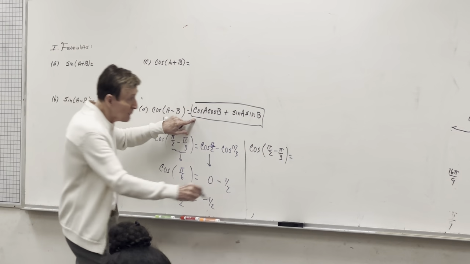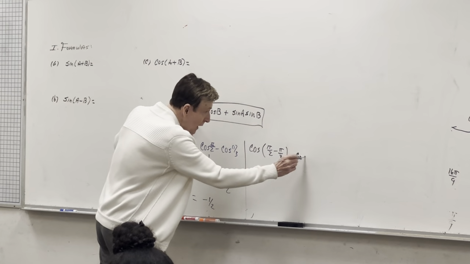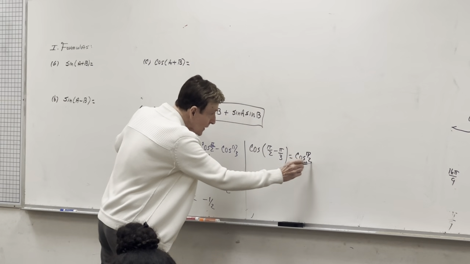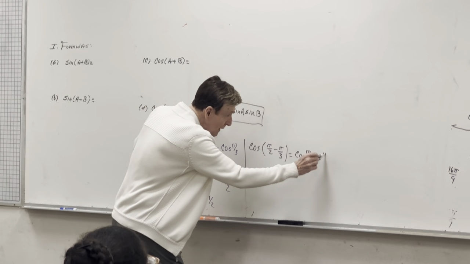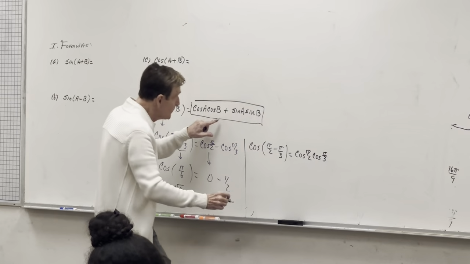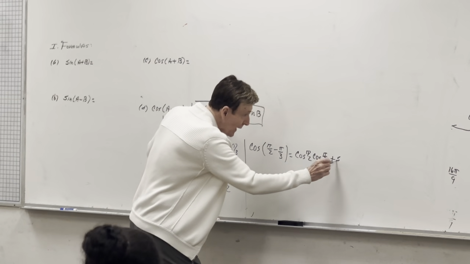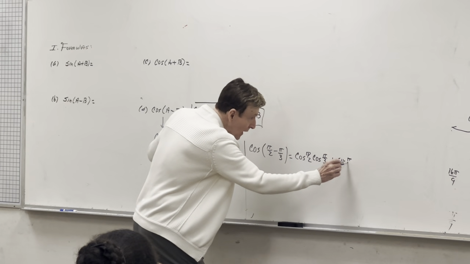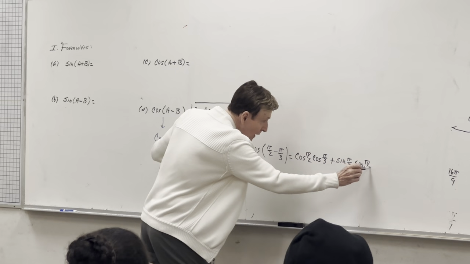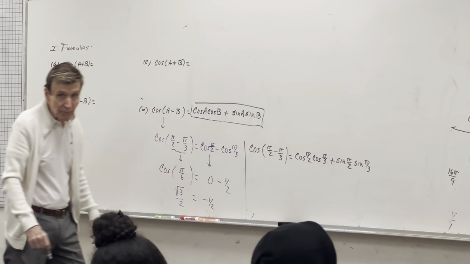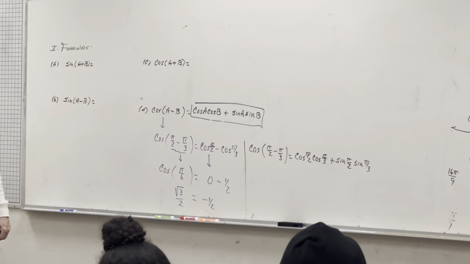This says cosine pi over 2, cosine pi over 3, that's A and B, plus sine pi over 2, sine pi over 3. If I use the formula correctly.